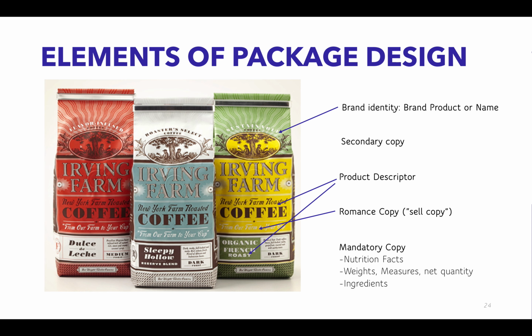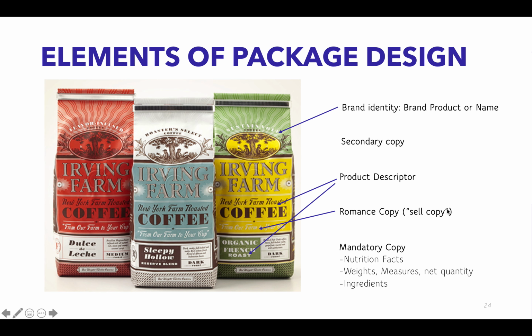So it speaks to how fresh it is, right? And then romance copy could also be something like creamy macaroni and cheese or savory. Anytime you have those descriptive storytelling narrative elements, that is your romance copy.